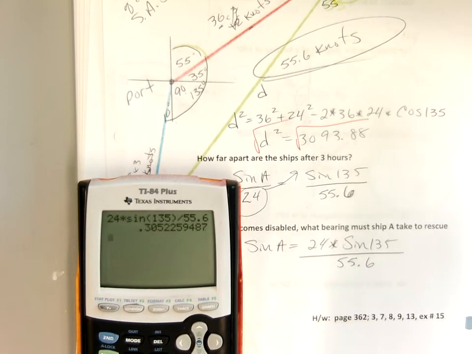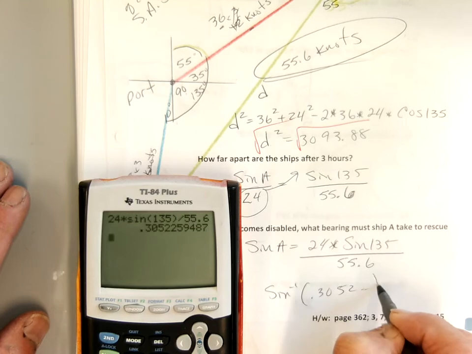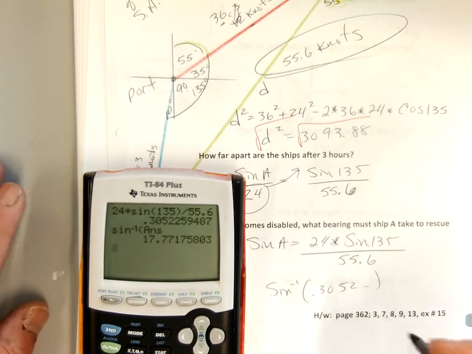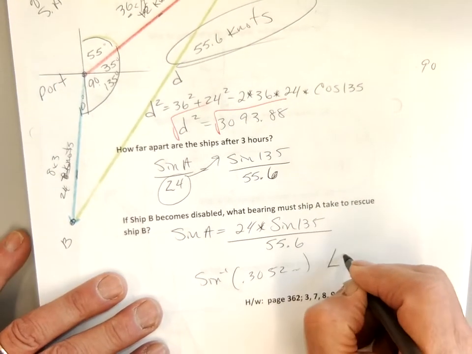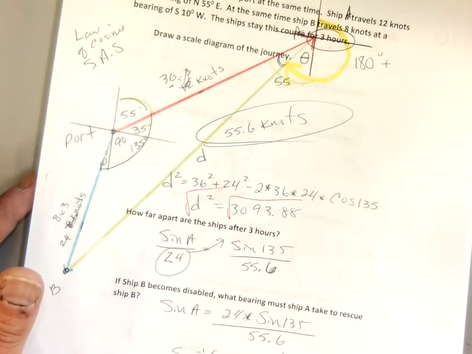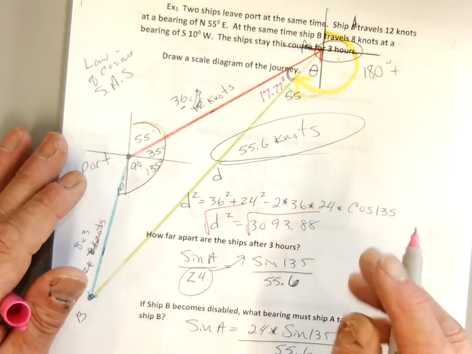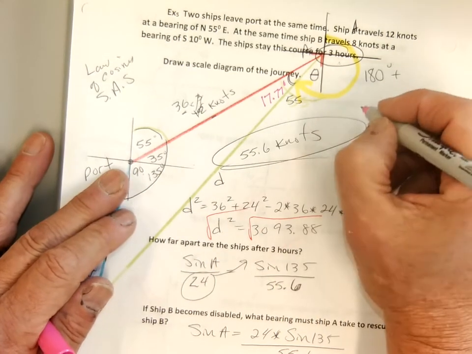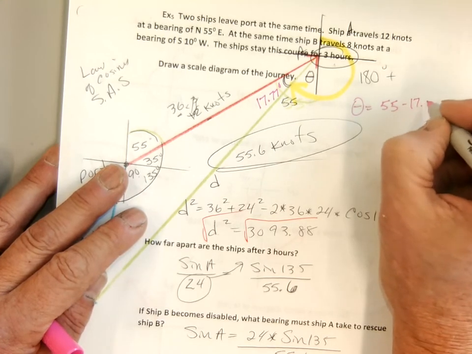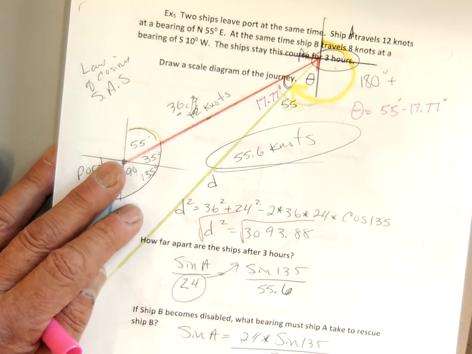And then, of course, we have to do the sine inverse, right? Sine inverse of that 0.3052, and so on. So sine inverse of my answer. And I get about 17.77. Okay, so angle A is 17.77. So I'm going to put that in here, okay? So then, to find theta, it's going to be 55 minus my 17.77.